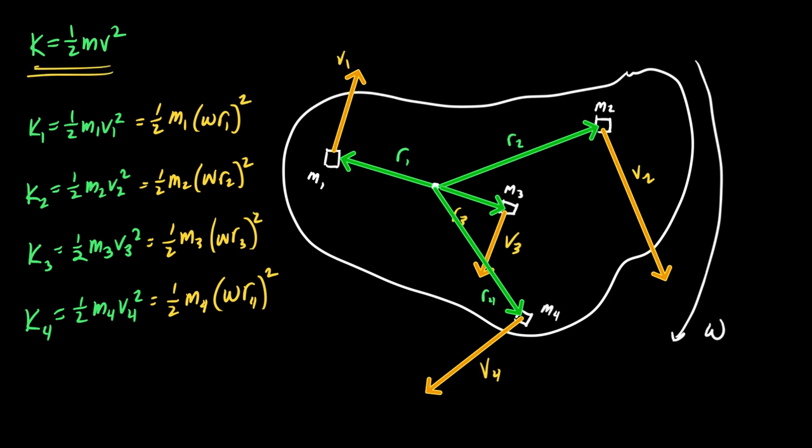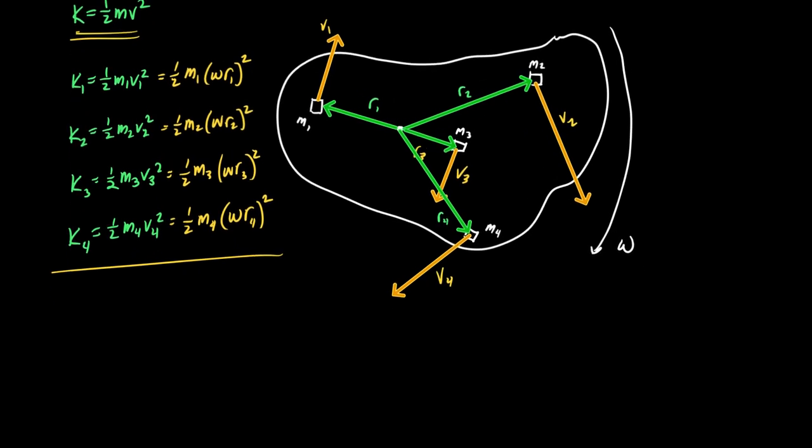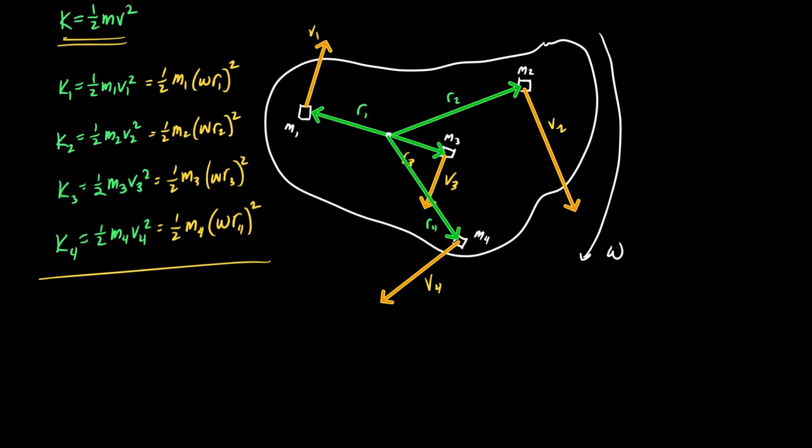But because they're moving in a way that connects them all together, we could write the kinetic energy of this object in terms of how fast the object is spinning. So I'm just going to add these things together and extend it to the idea that this could be an infinite number of pieces. Just give myself a little bit of space here. I am going to notice that I have a 1/2 in all the terms. So if we were to get the sum, I'm going to pull out all the 1/2s.